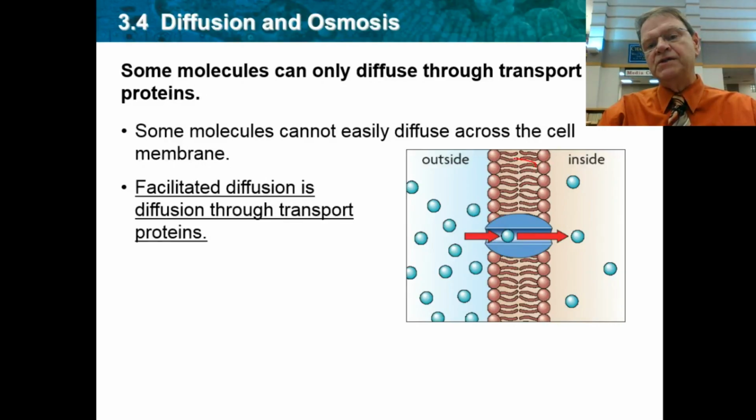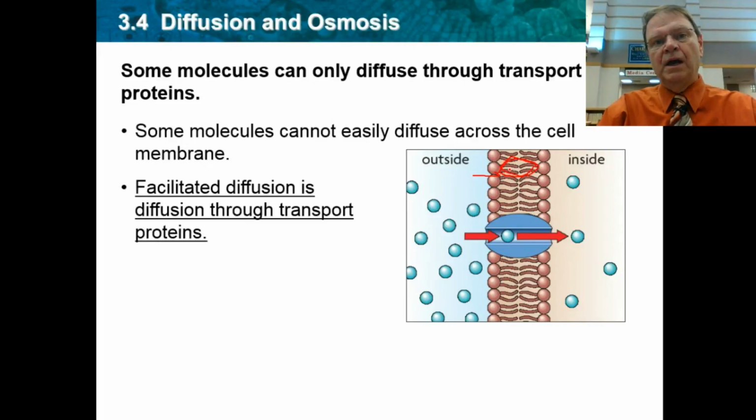Keep in mind, these tails that you see inside the cell membrane are nonpolar, and so that means there are materials that either cannot wiggle through that tiny space, or they're strongly polar or even ions. And as you know, these nonpolar tails will not interact very well at all. It's just like trying to mix water and oil. They're not going to interact. They're not going to blend in.